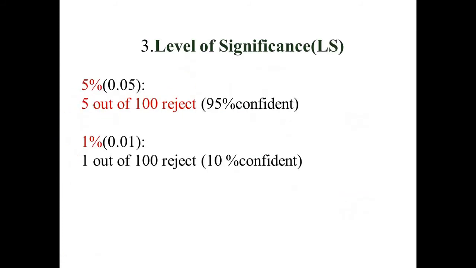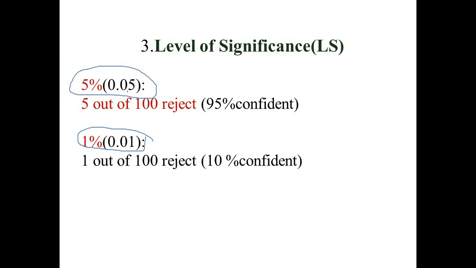Let's go to the third step, which is important, and that is the level of significance. There are mainly two levels of significance we use. One is 5%, also known as 0.05, and the other is 1%, that is 0.01.